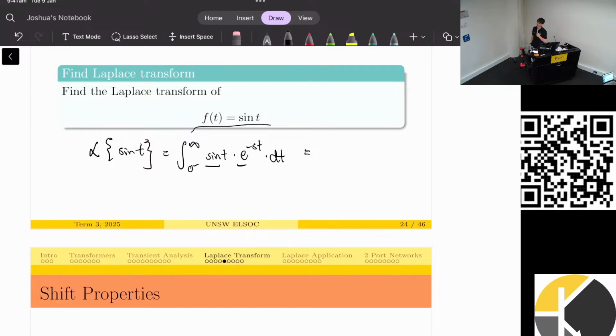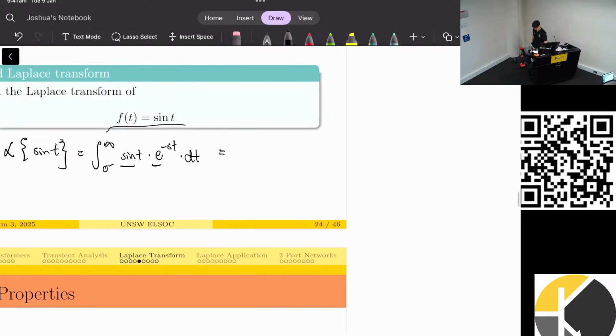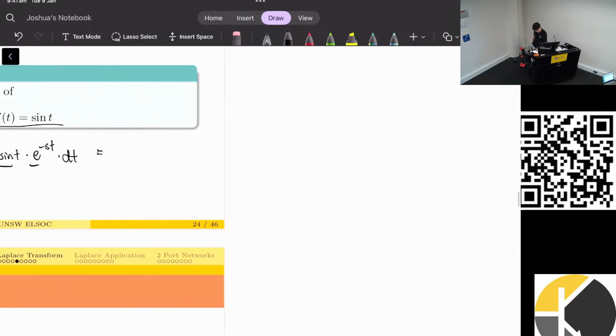If I differentiate sine twice, I get sine again. And every time I differentiate an exponential, I get an exponential again. So there's not really any way to reduce this expression using derivatives. So what we have to do is use recursion. To do recursion, I'm going to use integration by parts.